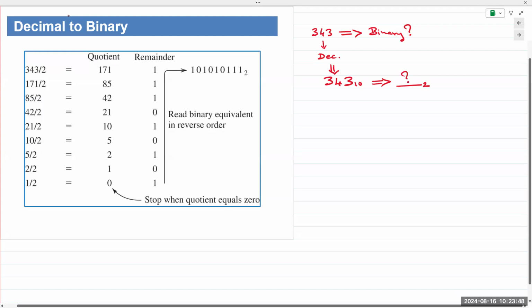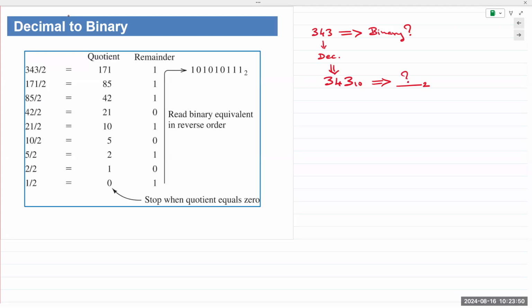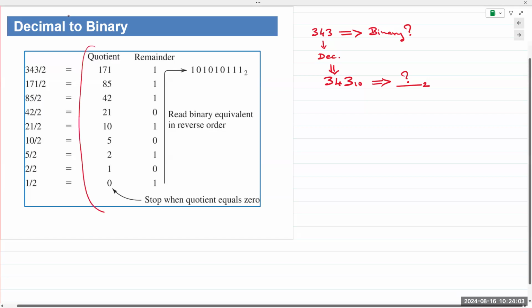Because you're going from decimal to binary, we divide by 2. We divide by 2 until the quotient is 0. So you have 2 columns: you have the quotient and you have the remainder. If you're dividing by 2, the only option is either 0 or 1.